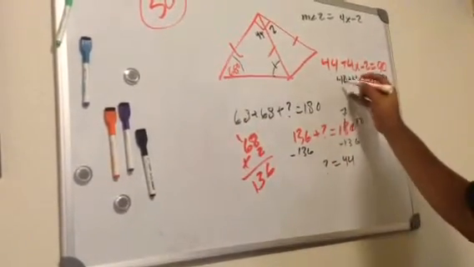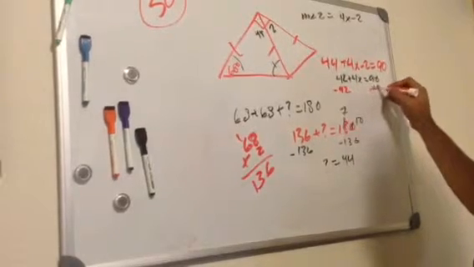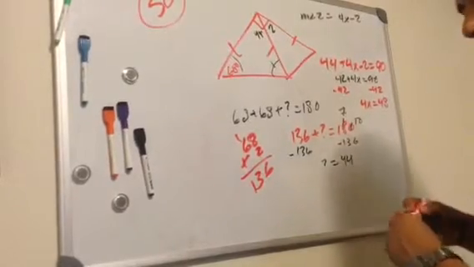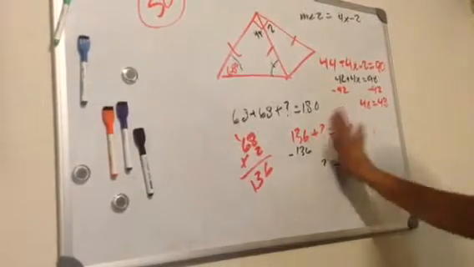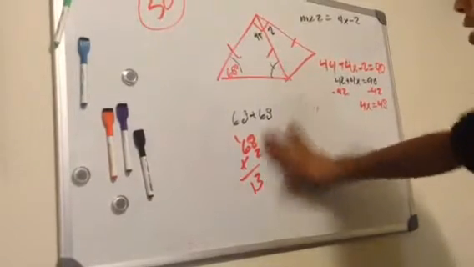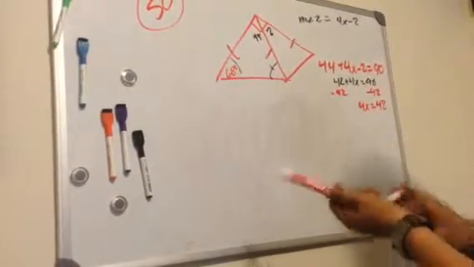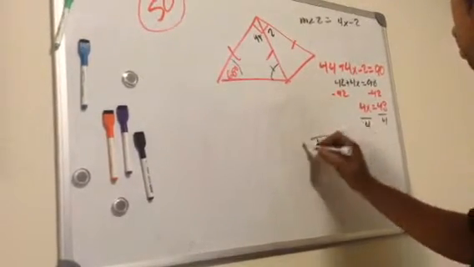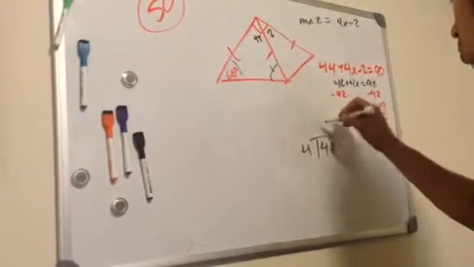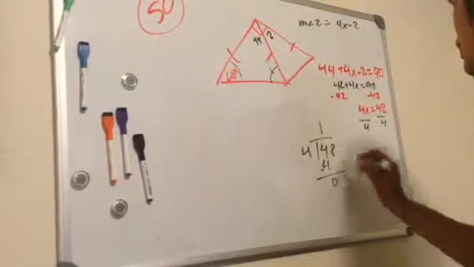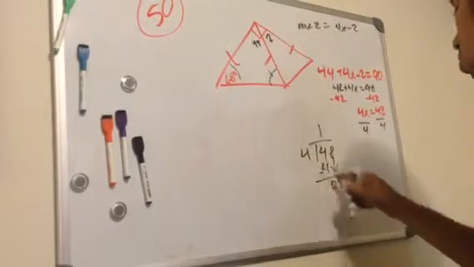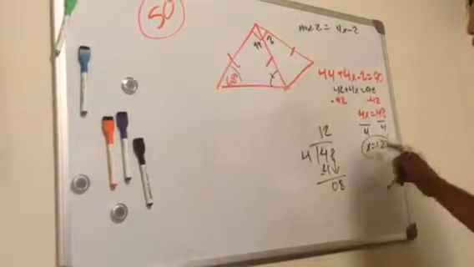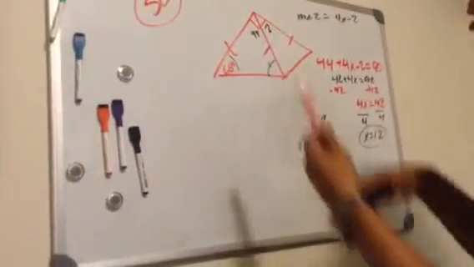Now we subtract 42 from both sides, and we have 4x is equal to 48. I'm going to erase this. We don't need this anymore. Great. So now we divide both sides by 4, and 4 goes into 48 twelve times. So x equals 12. And that is how you solve problem 50.